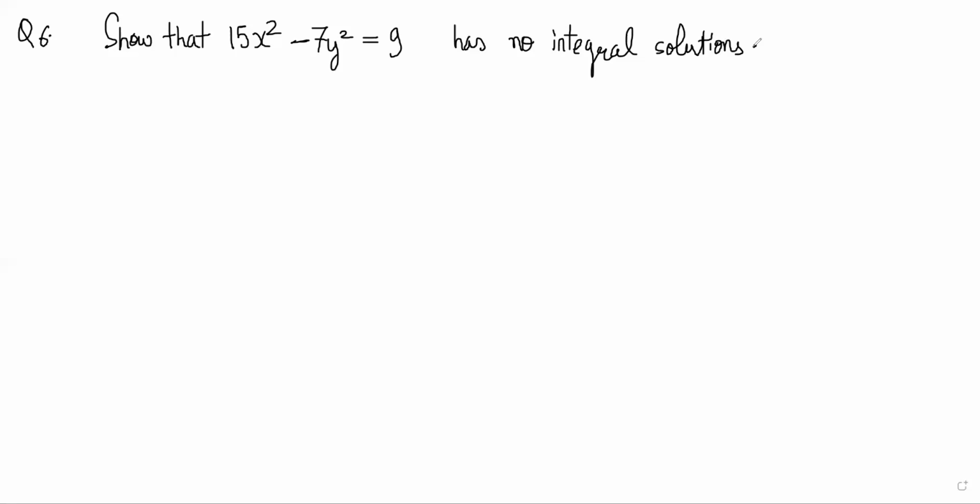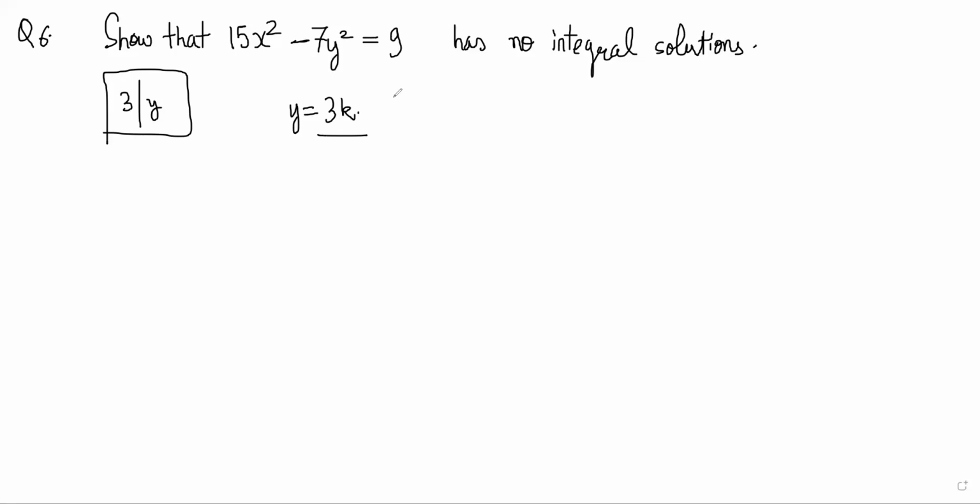I think firstly, 3 divides y is obvious. So x is also divisible by 3, because consider mod 9. You can put y equal to 3k and you'll get x also divisible by 3.